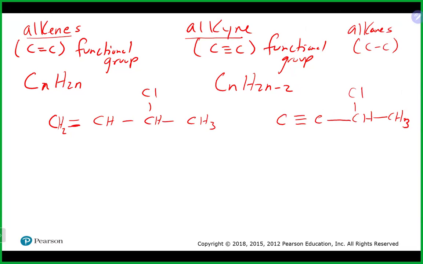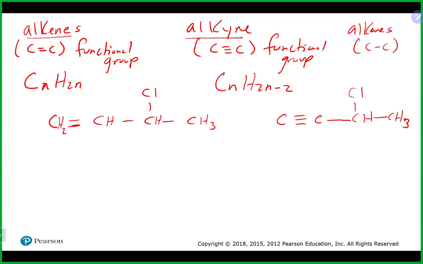So when we go to name these that have a double bond or a triple bond in them, there are a couple of things that are similar and a couple of things that are different from what we do with alkanes. The first thing that's similar is we still are going to be looking for the longest carbon chain. As I mentioned before, it does need to contain either the double bond or the triple bond, so you can't go around those bonds. They have to be in it.